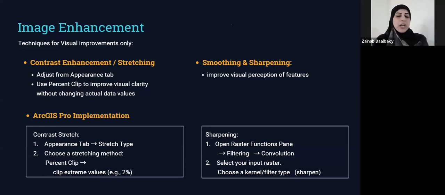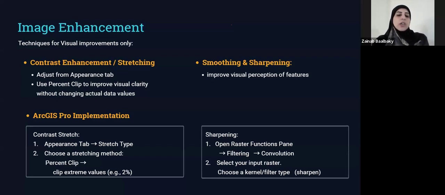To enhance the image visually in ArcGIS Pro, we start with contrast stretching. Go to the appearance tab, stretch type in the rendering group, choose a stretching method and the percent clip, for example we can use the extreme value 2%. This makes details that were unclear before more visible.